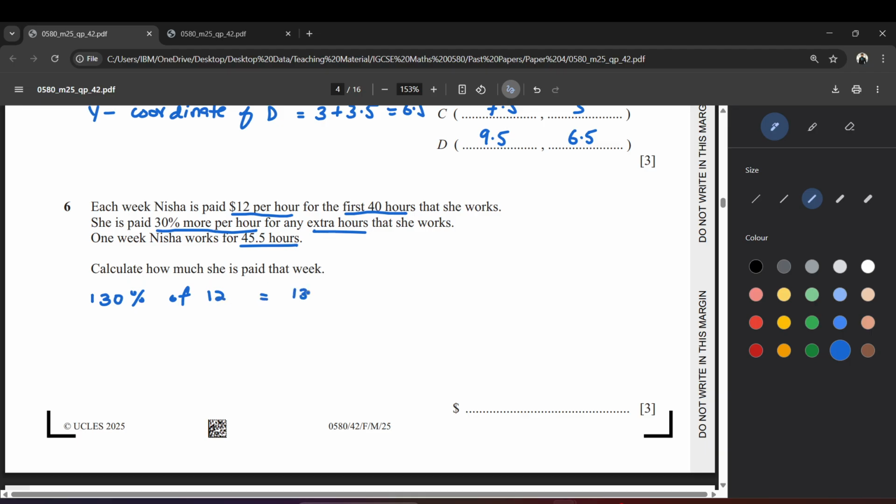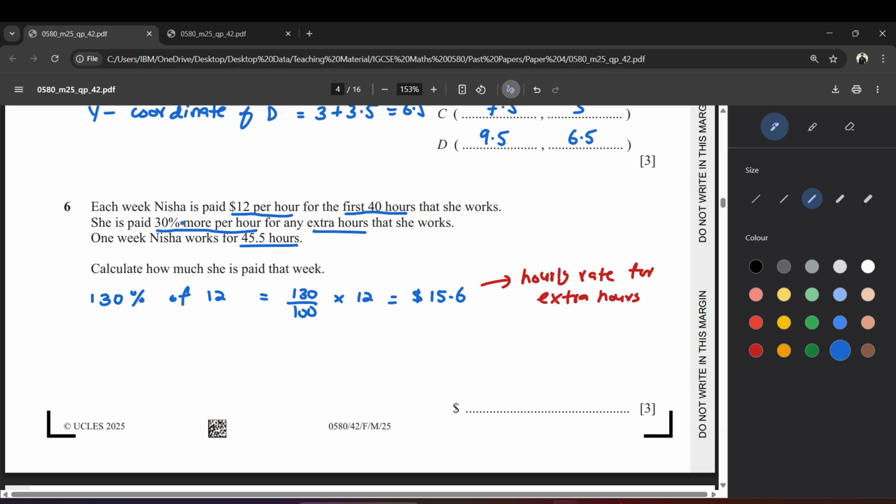So that is 130 divided by 100 multiplied by 12. So that should be $15.6. All right, this is the hourly rate for extra hours.